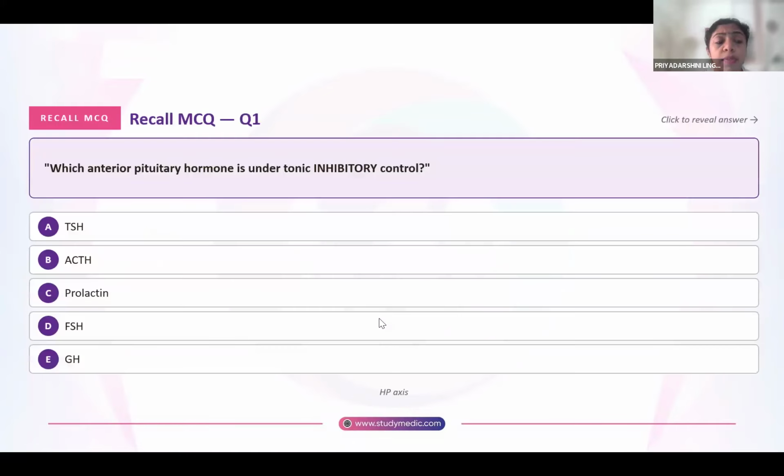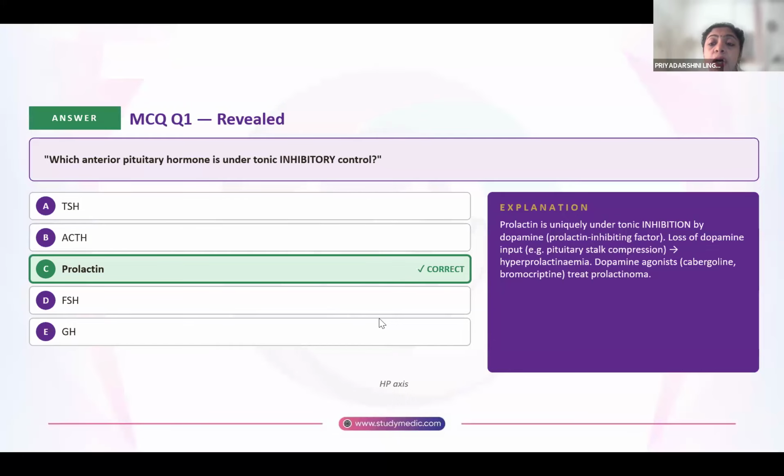The most common question here: which anterior pituitary hormone is under a tonic inhibitory control? This tonic inhibitory control is seen with only one hormone, and what is it? It is nothing but prolactin. Now, prolactin is inhibited by dopamine.